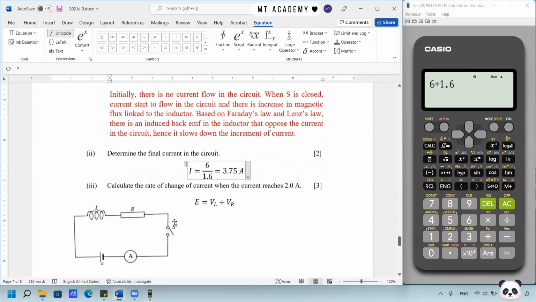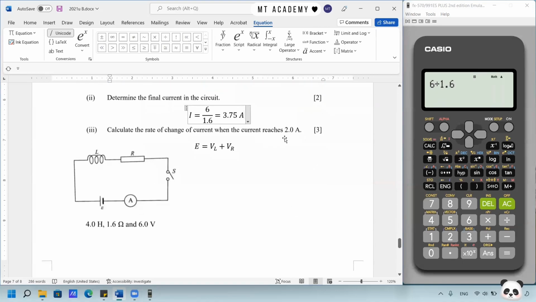Next, calculate the rate of change of current when the current reaches 2 ampere. So this is a little bit difficult, but you just need to remember the things you have. For example, we can apply Kirchhoff's law, and we know that the EMF should be equal to the voltage across the inductor plus the voltage across the resistance. We have the current, and we also need to obtain the rate of change of current.